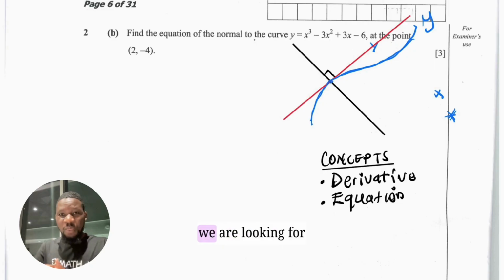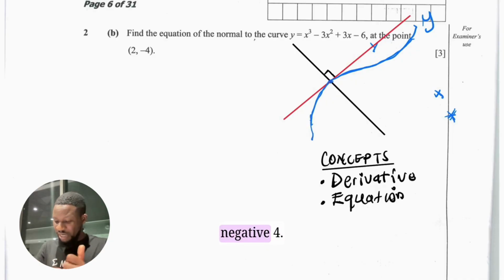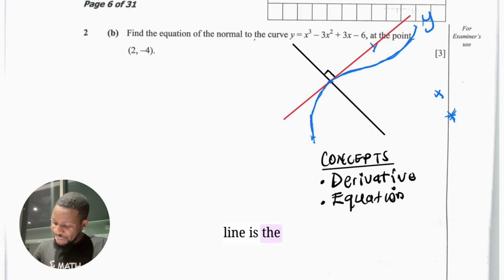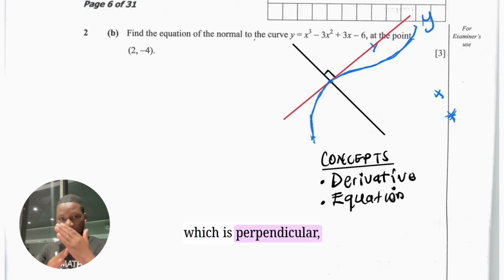In this problem, we are looking for the equation of the normal to the given curve at the point (2, negative 4). So this is just a scenario. y is the curve that is given, right? The curve in the graph in blue is our curve y, and the red line is the tangent to this curve, and the normal is just a line which is perpendicular, right?